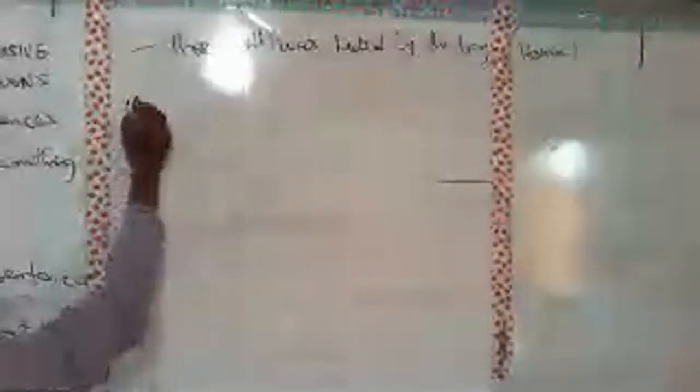Another one is this. Soyinka wrote many poems. This is just an active voice sentence because we are having the subject in the first position of the sentence.